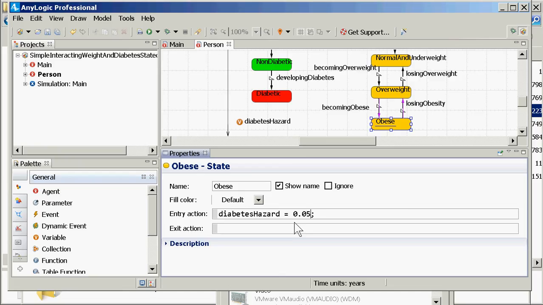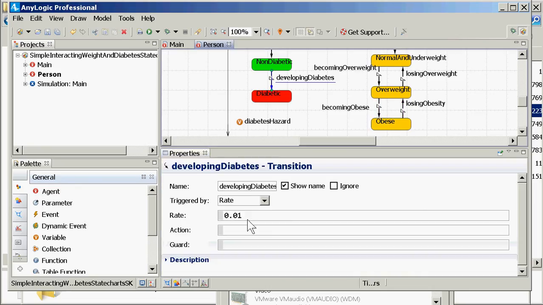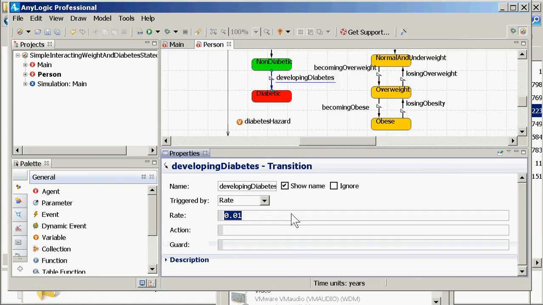We have to change the rate at which the transition from non-diabetic to diabetic happens. Right now it's doing a lot of work, but not accomplishing anything. We need to set this transition from non-diabetic to diabetic to be what? Diabetes hazard.